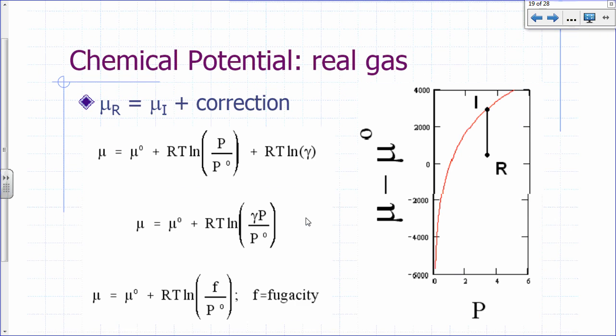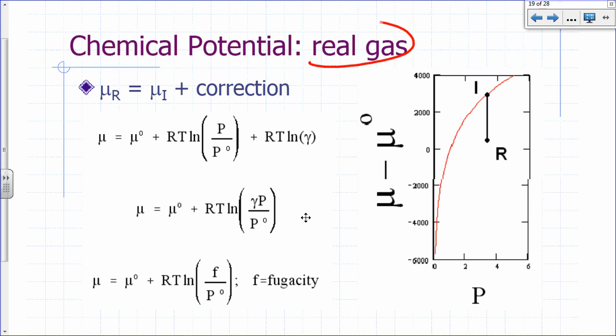What if you're dealing with a real gas? Here's a strategy we're going to use. We're going to say that the chemical potential of a real gas, that's mu, and I'm just putting an R there to emphasize we're dealing with a real gas, is just whatever the chemical potential is of the ideal gas, and then we'll introduce a correction term.